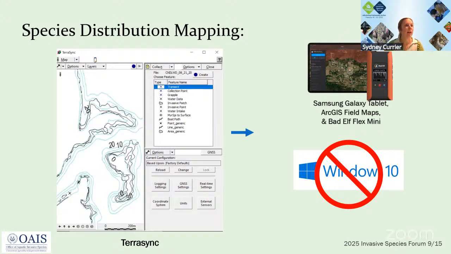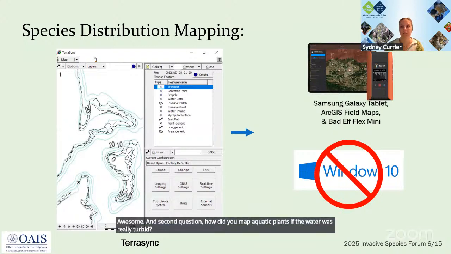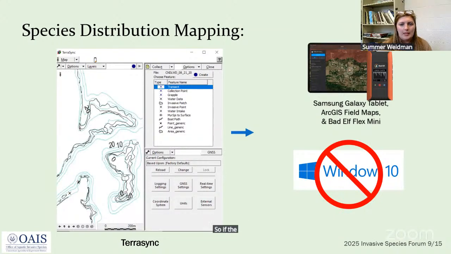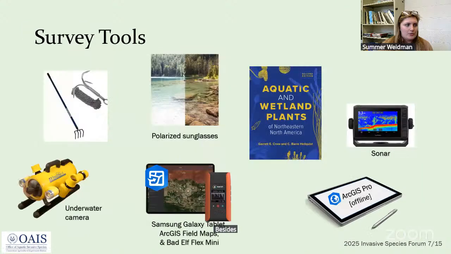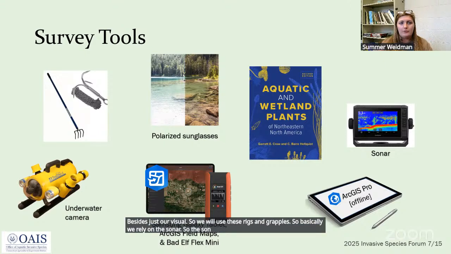Awesome. And second question, how did you map aquatic plants if the water was really turbid? So if the water is really turbid, we rely very heavily on our other tools besides just our visuals. So we will use these rakes and grapples. So basically we rely on the sonar. The sonar is going to send back radio frequencies, and it'll show us where there are plants.